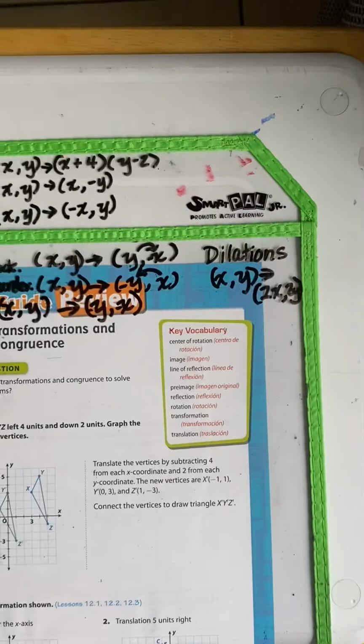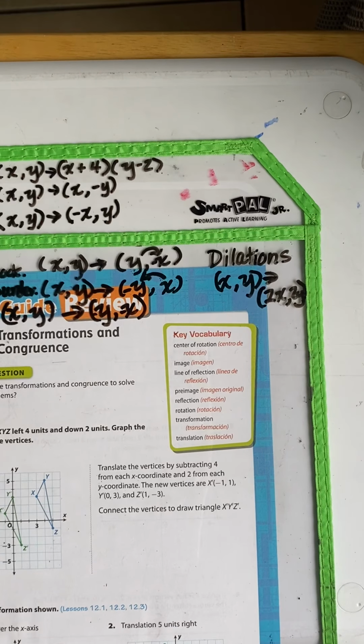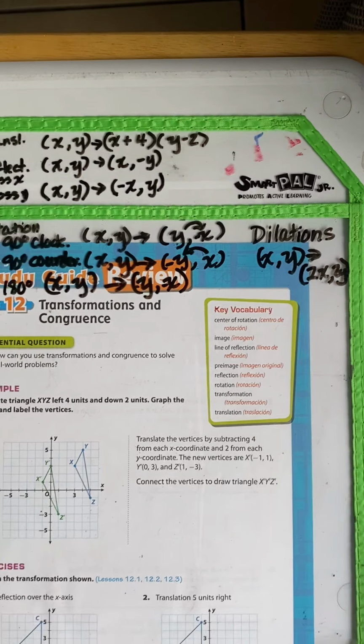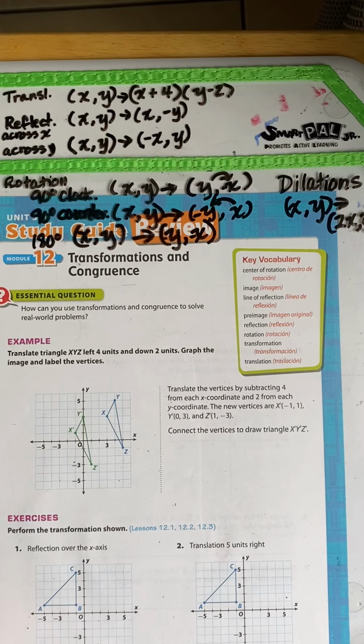And what we're going to be looking at is Module 12, transformations. Reflection, rotation, dilation, and translation. Those are easy. So let's jump into that, page 383. Now, I was having some fun thinking back to the rules.